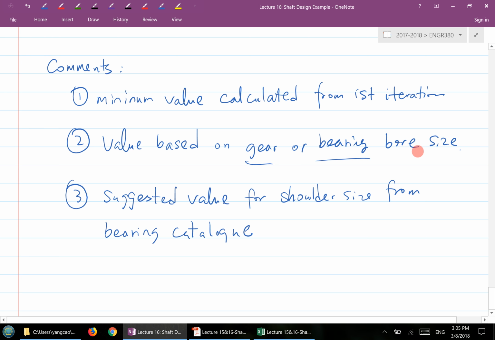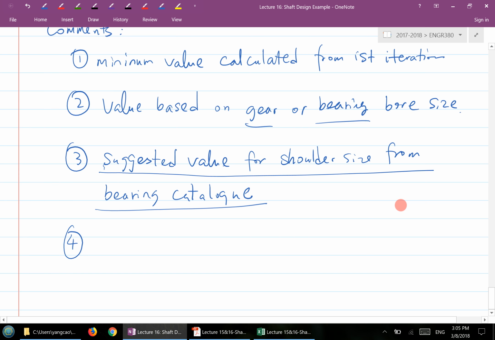Because that's how the bearing manufacturer suggests you can locate the bearing onto the shaft, right? So that information from the catalog actually sometimes plays the deciding factor there.